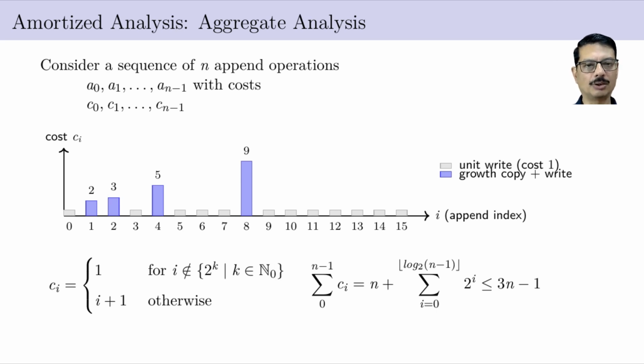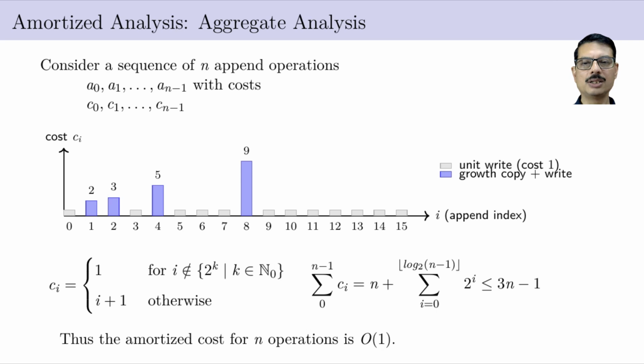That's going to be log of n. And if you solve this particular relation, you're going to see that this is less than or equal to 3n minus 1. So thus the amortized cost for n operations is (3n minus 1) divided by n, which gives you order of 1. So the average cost is still a constant, which is the same as what you had for the original array.